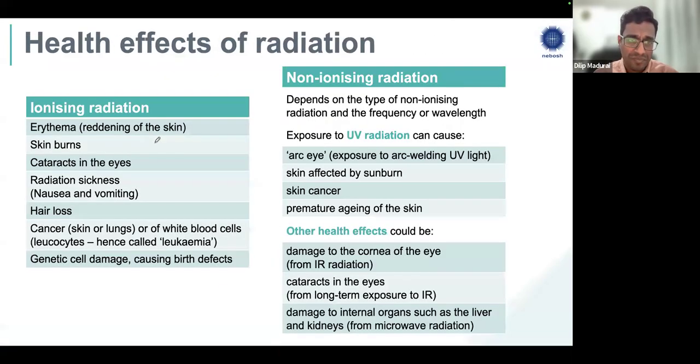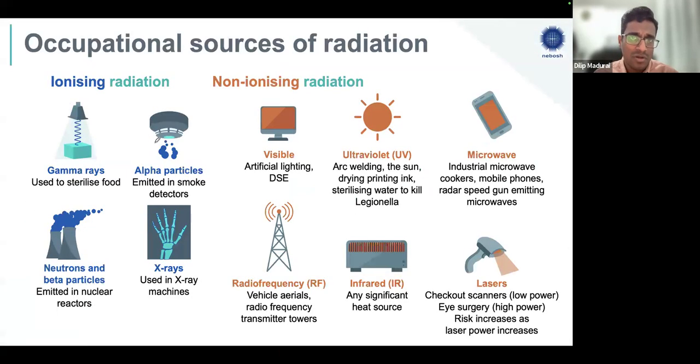And then we will discuss non-ionizing radiation. Examples like visible light, ultraviolet radiation, microwaves, radio frequency waves, and laser are non-ionizing because they do not change the structure of the atoms in the material that they strike, but rather only cause heating effects.